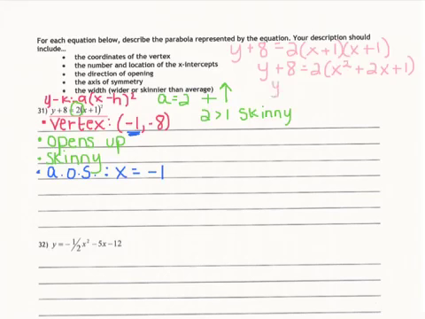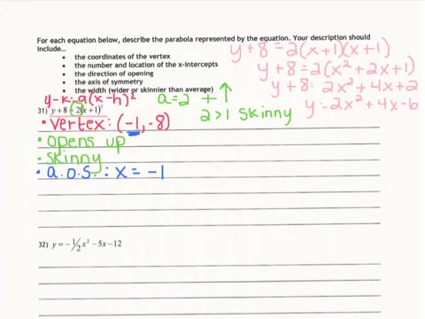Distribute my 2, so y plus 8 equals 2x squared plus 4x plus 2. And then I would subtract 8 from both sides and get y equals 2x squared plus 4x minus 6. I've got to do that before I have any hope of figuring out how many x-intercepts I have.